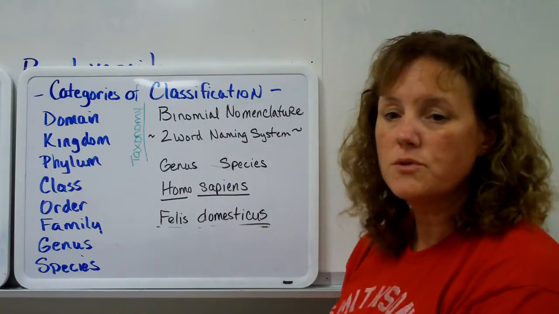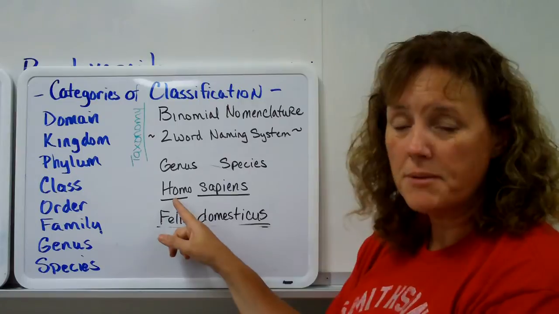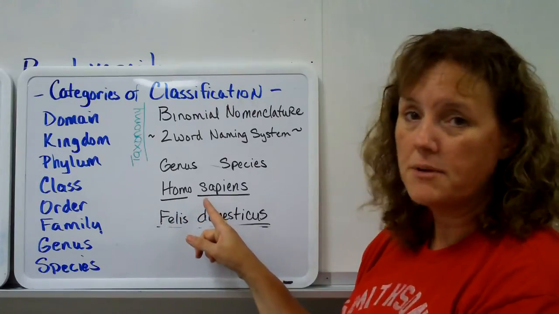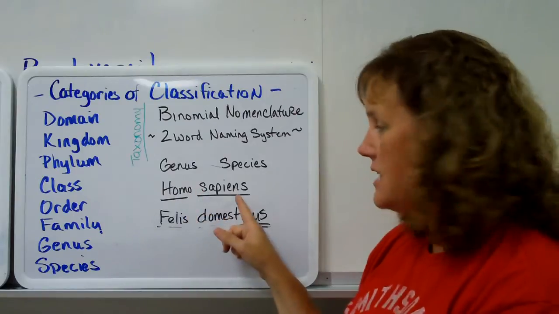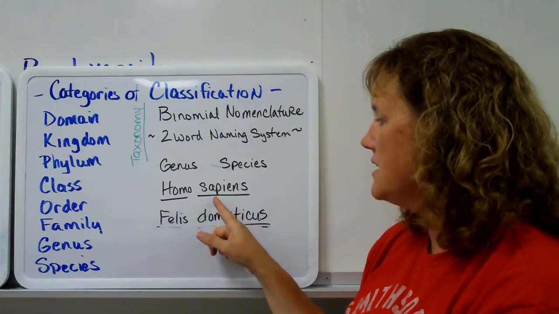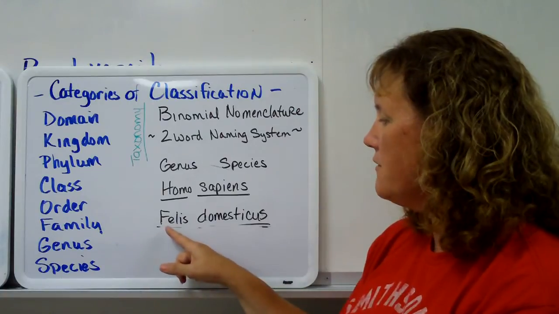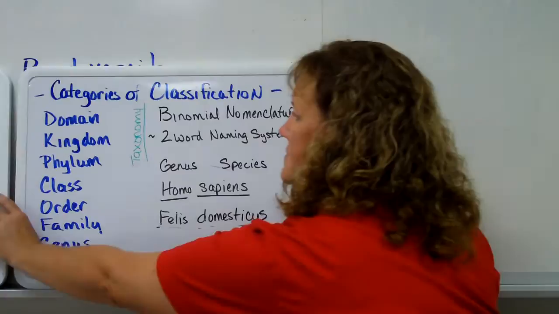Now, there's a couple of rules for writing these properly. You always capitalize genus, you never capitalize species, and if you were typing this, you would italicize that. Because we're not typing it, if you're handwriting it, you underline it. This one should be underlined as well, Felis domesticus, which is just the domestic cat.